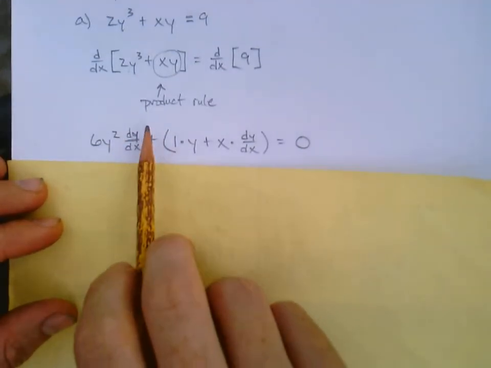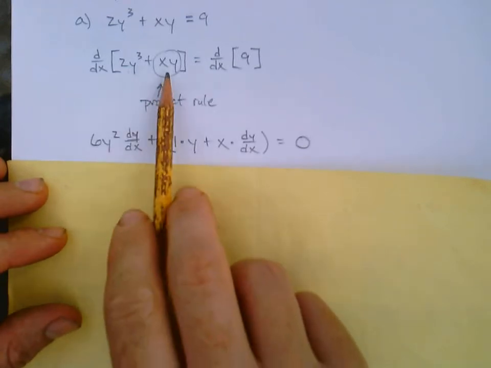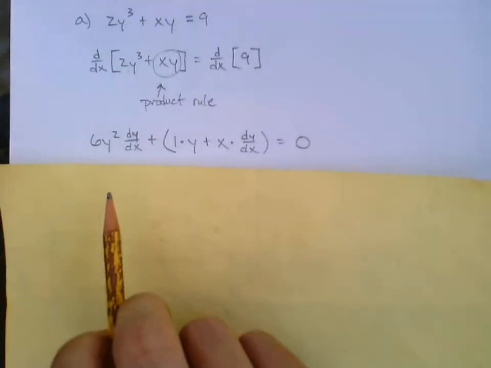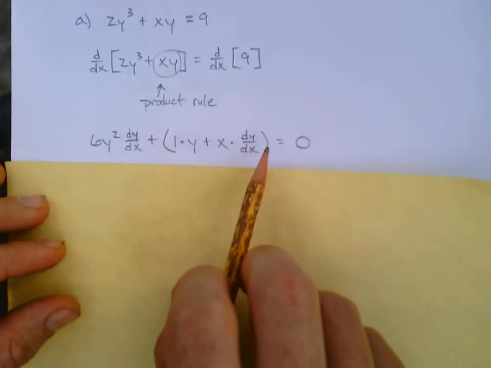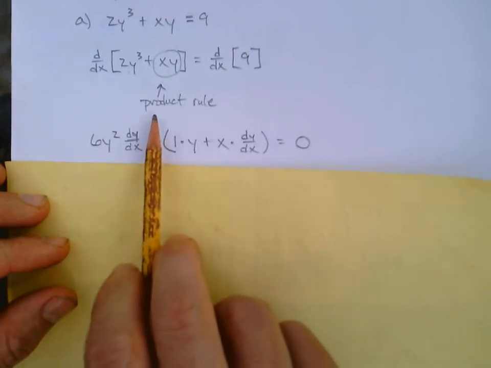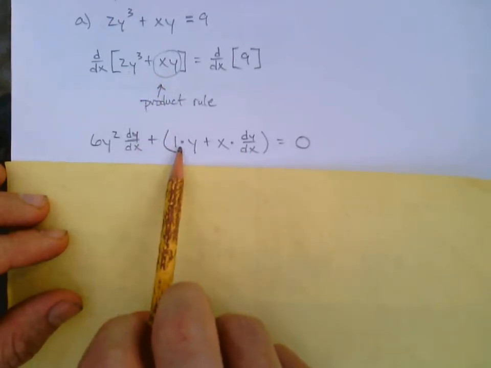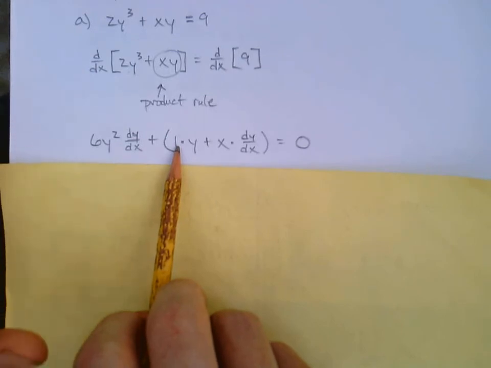Okay, let's move on. So then we're going to add, it turns out I wanted to put this product rule inside parentheses for whatever reason. I chose to put parentheses around the whole thing to really point it out. Let's talk about this product rule. All right, so the derivative of x is 1. That's normal as we know it.